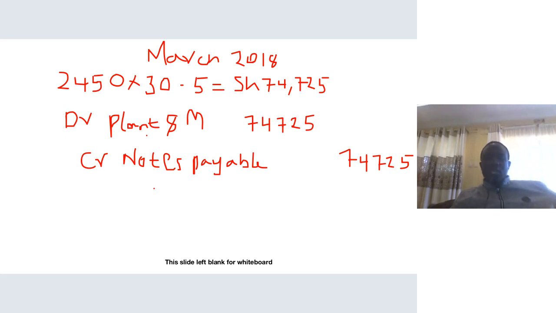So in August 2018, what will be paid is at the exchange rate at that particular date. So what Njoki will be paying is supposed to be the 30.5, not 30, because their contract was that the goods are delivered at 30.5. That was the contract price.